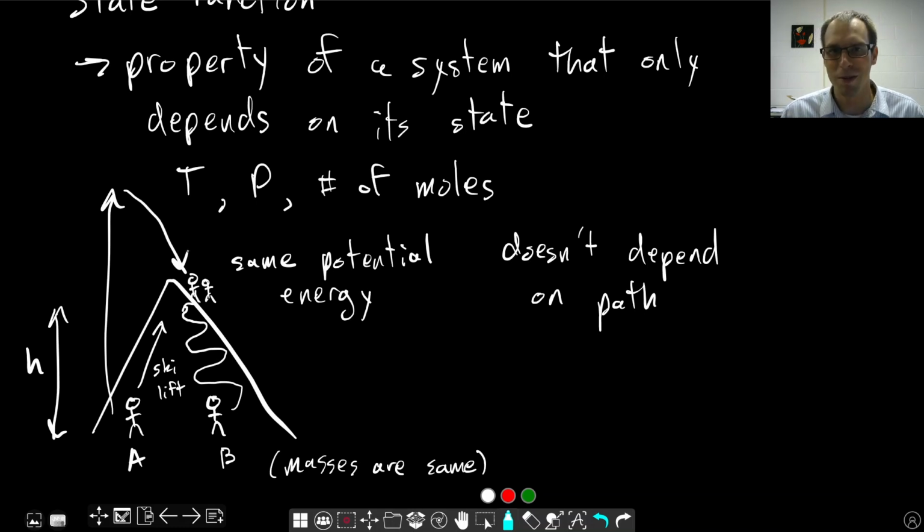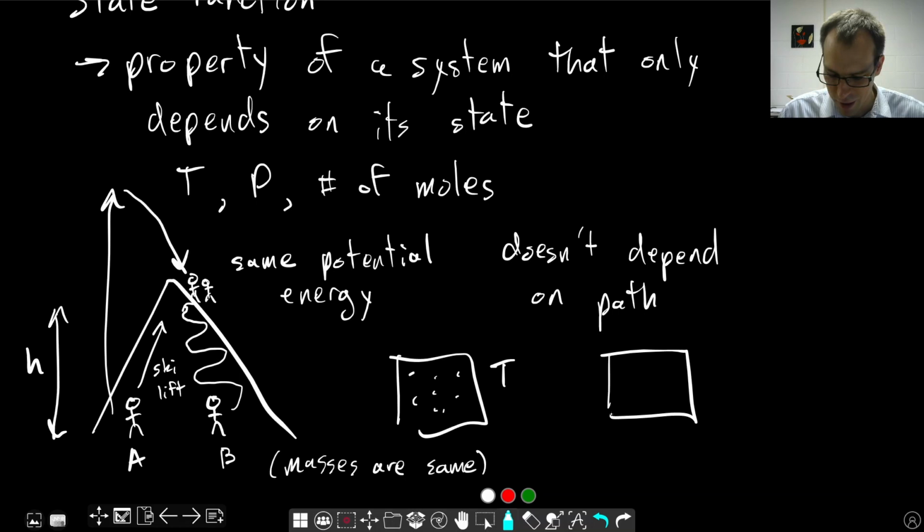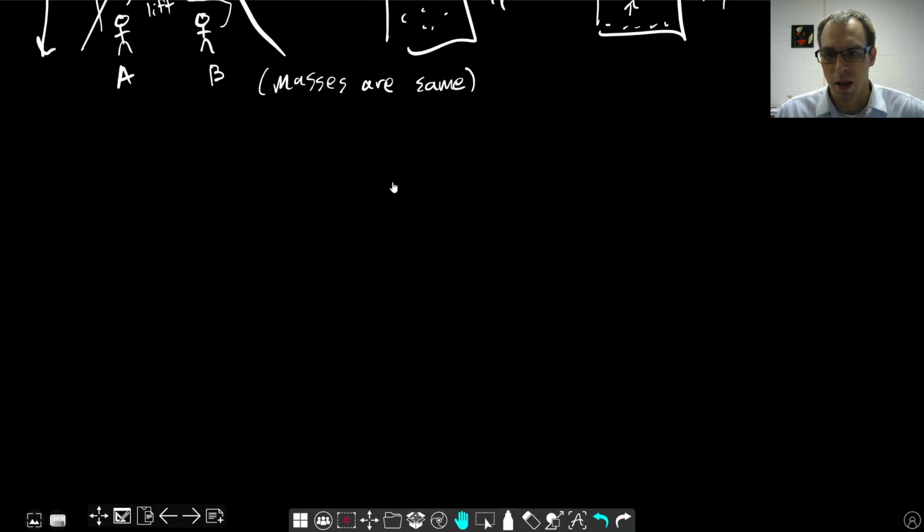The same applies to a gas inside of something at a particular temperature. If that gas started as a liquid and then evaporated but ended up at the same temperature, it's going to have the same amount of thermal energy. So this property of energy is what we call a state function. It doesn't depend on path, it just depends on the characteristics or properties of the system we're looking at. That's one important property of energy as we think about it in terms of chemical systems.